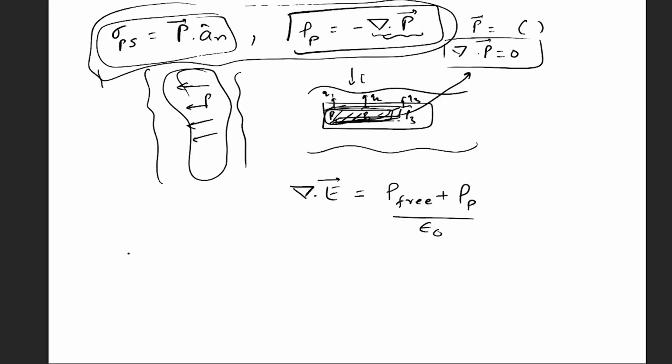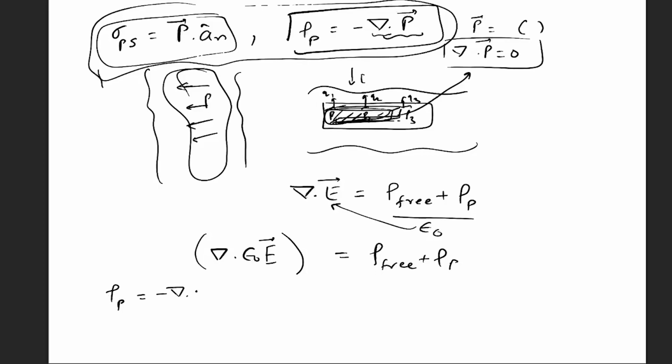Now I can bring this epsilon naught here, and since I am assuming that it is constant, meaning it is not going to vary with space, I can take this epsilon naught inside the divergence, or the del operator, which should give me rho free plus rho polarization. Now rho polarization I know is given by minus del dot P. So I will put this value.